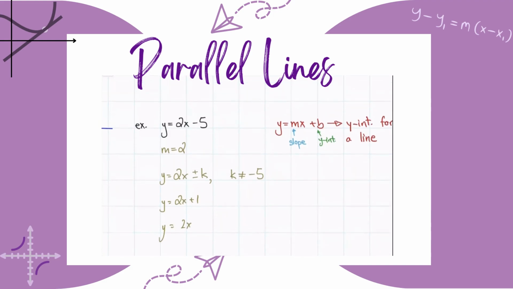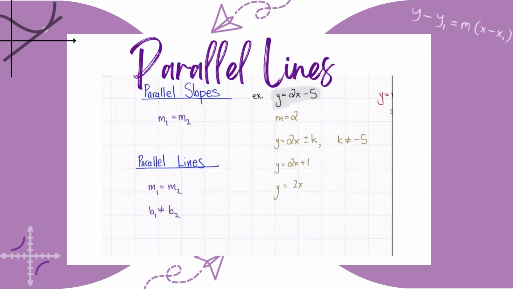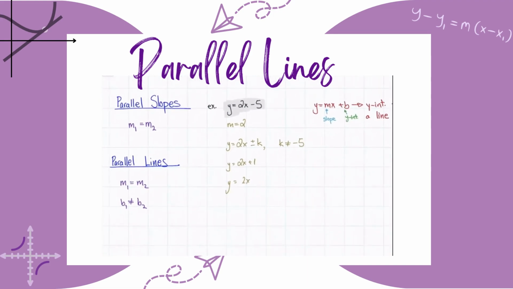Why? Because the y-intercept of the equation that was given is -5, right? And for parallel lines, the y-intercept cannot be the same. So just to go over it again, parallel lines are when our slopes are the same but our y-intercepts are different.